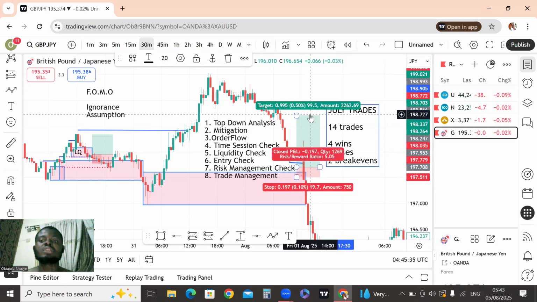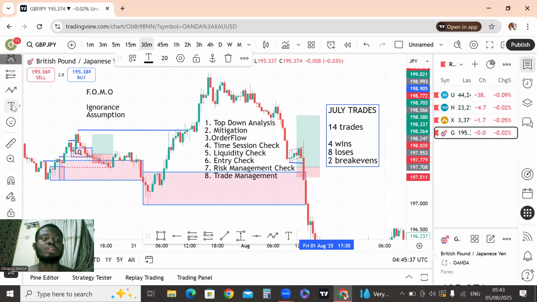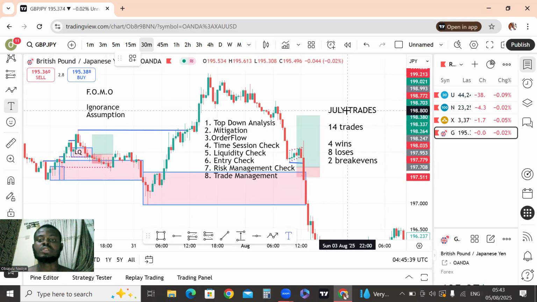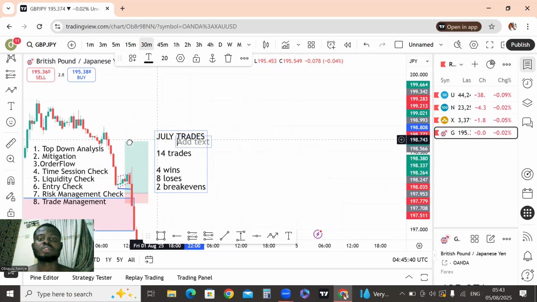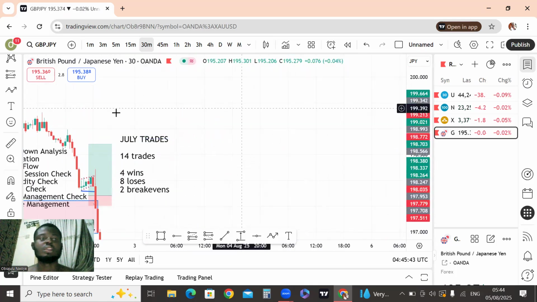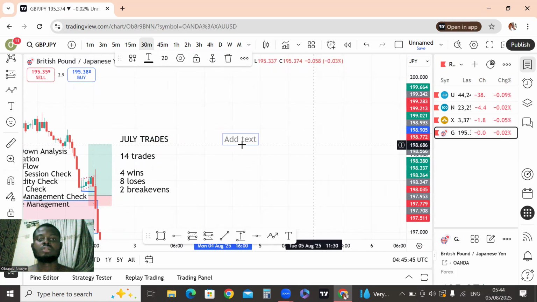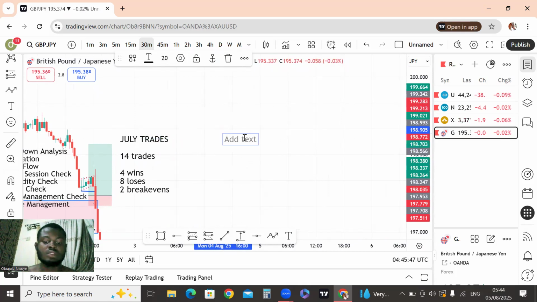See, this thing that professional traders are saying, trading is 90% waiting and 10% execution.